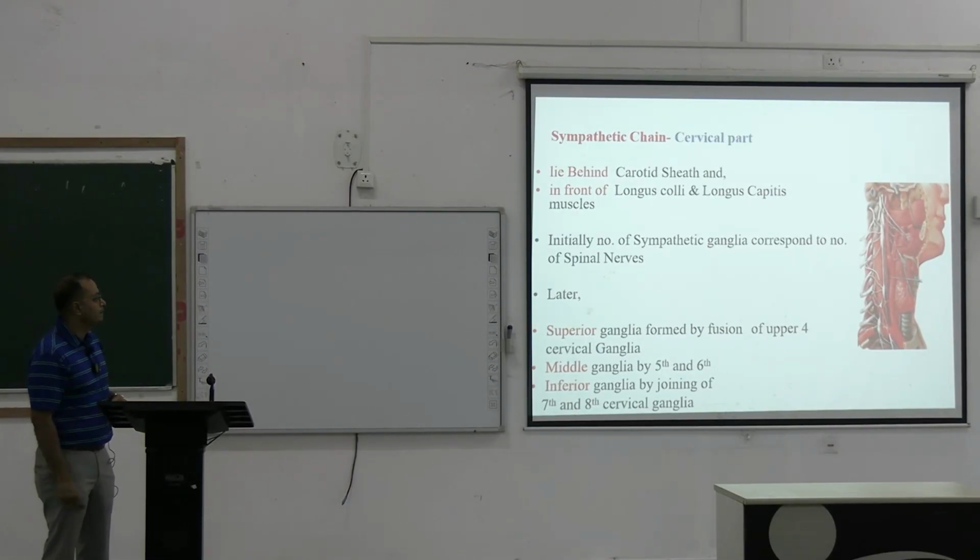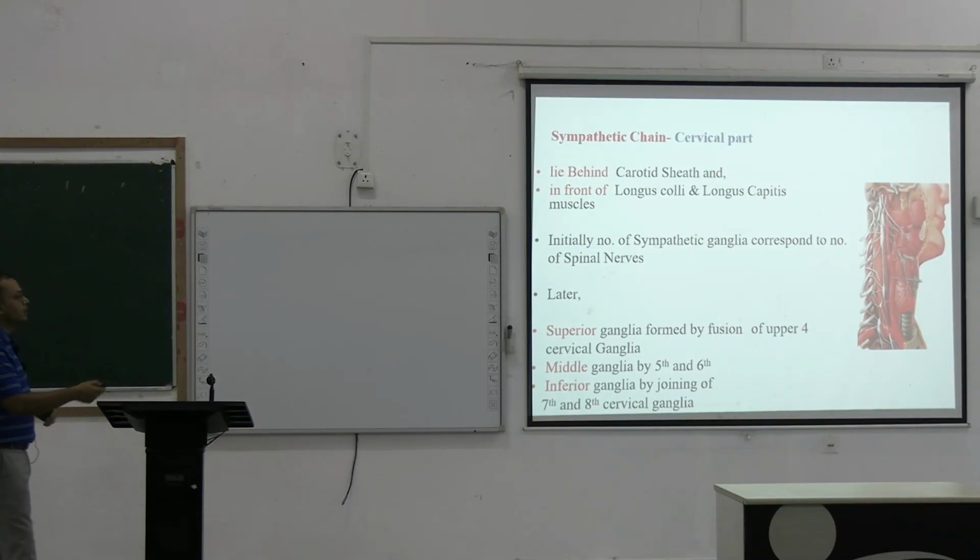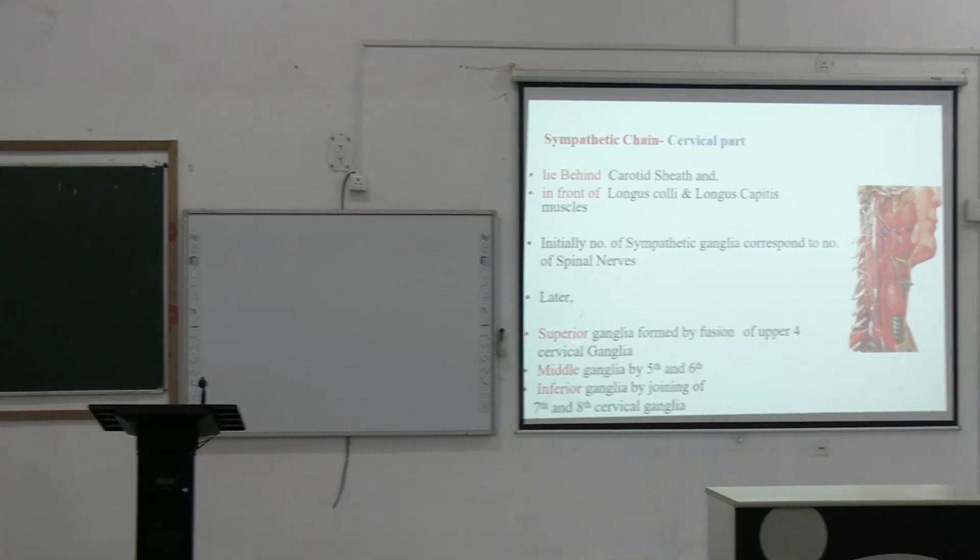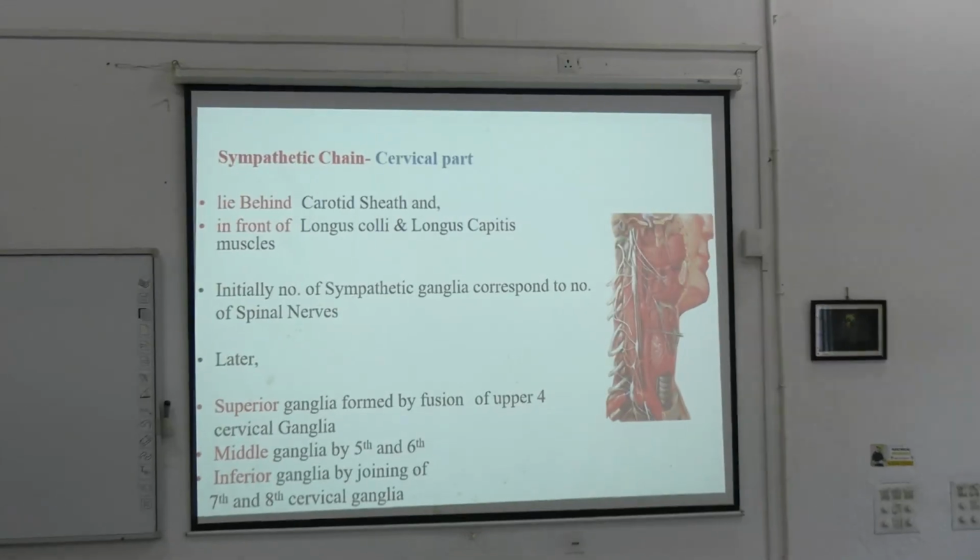Now coming to the numbers, there should be 8 of them, but they become fused to get these 3. We call them the superior cervical ganglion, middle cervical ganglion, and inferior cervical ganglion. The superior cervical ganglion is formed by the fusion of the upper 4 cervical ganglia, 1, 2, 3, 4, fused to form 1 superior cervical ganglion.